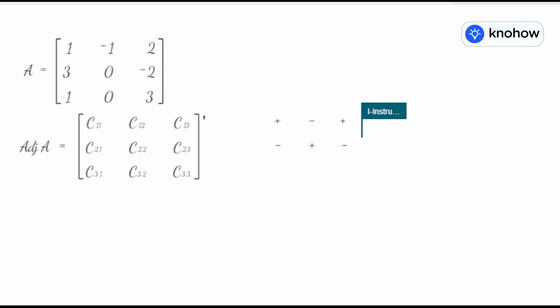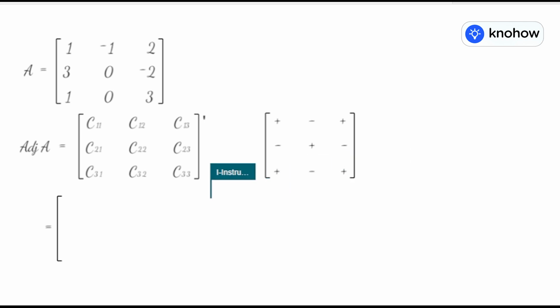And now let me work out C11. How do you work out C11? Delete the row and column. Now I'll suggest that when you are finding C11, delete the row and column through A11 and find the value of the determinant, but do write these signs in advance, plus times, so that there is no question of mistake.